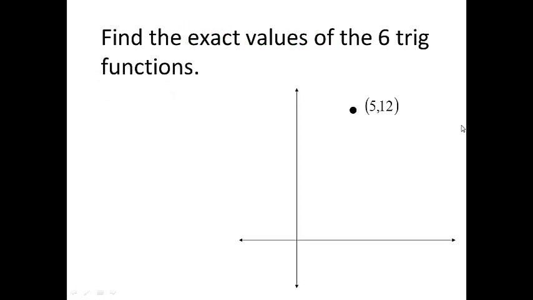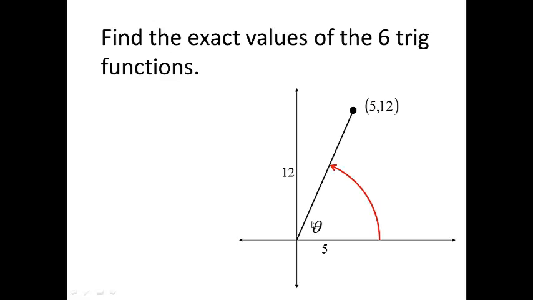Okay, find the exact value of the 6 trig functions for this point up here, (5, 12). And we're really talking about an angle that's swept out from the positive x-axis. So this is 5 going out this way on the x, 12 going up and sweeping up from the x-axis.